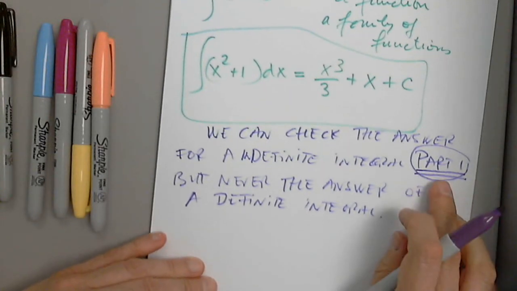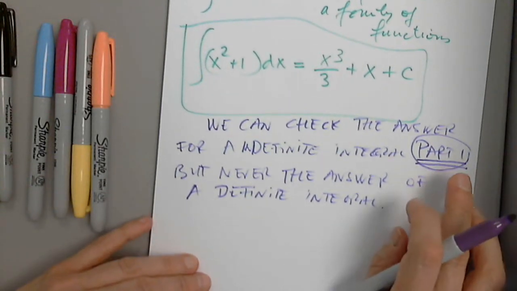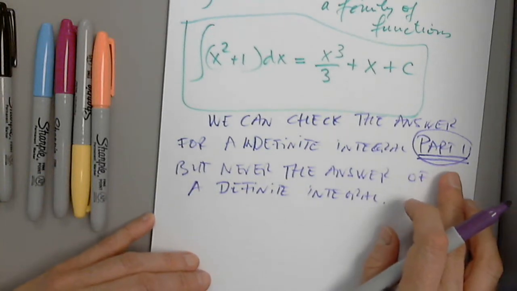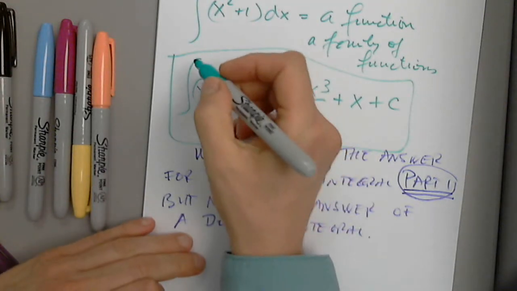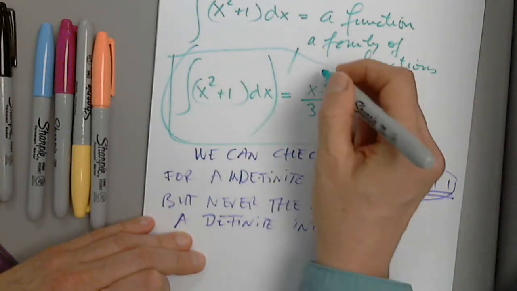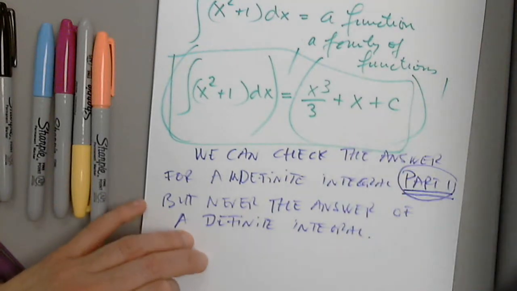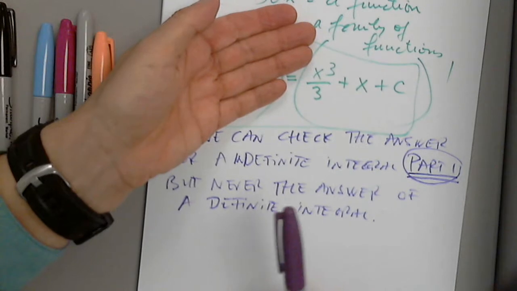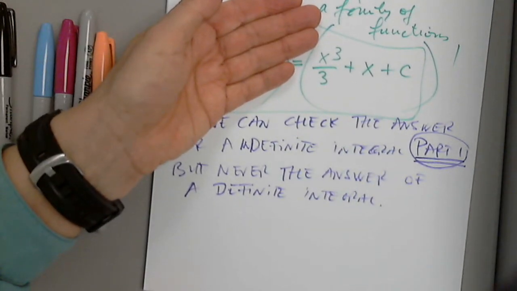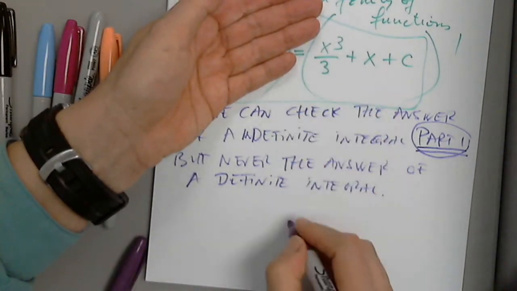Because we're going to use part 1 of the fundamental theorem of calculus that says that differentiation and integration are inverse operations. Meaning, if I differentiate the left-hand side and I differentiate the right-hand side, I should get the same thing. Forget about the left-hand side for a moment. What will you get when you differentiate the right-hand side? Can anyone give us the derivative of the right-hand side?